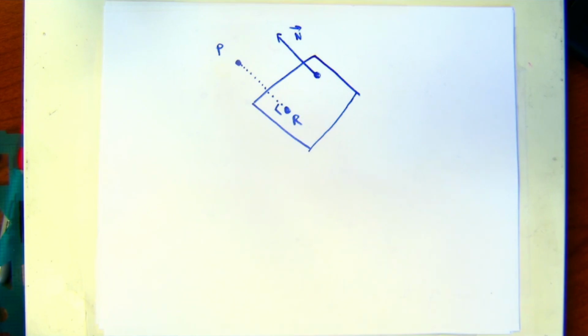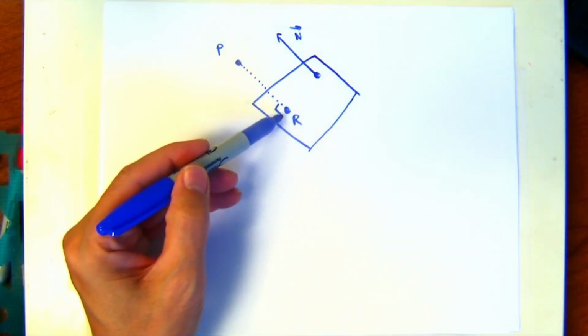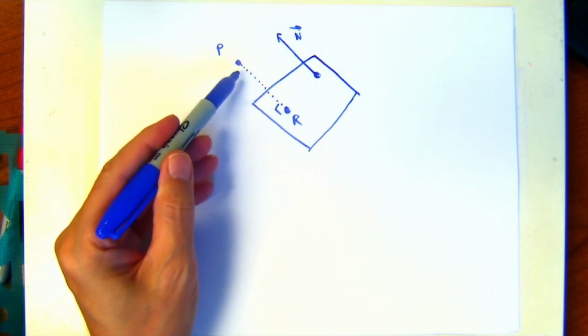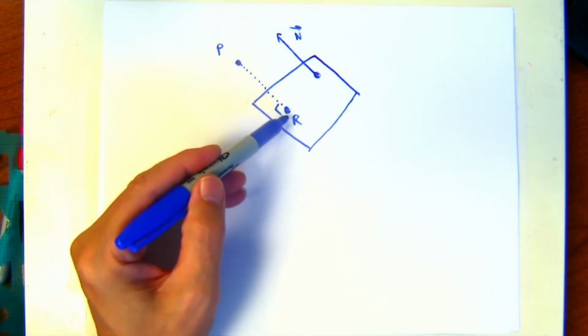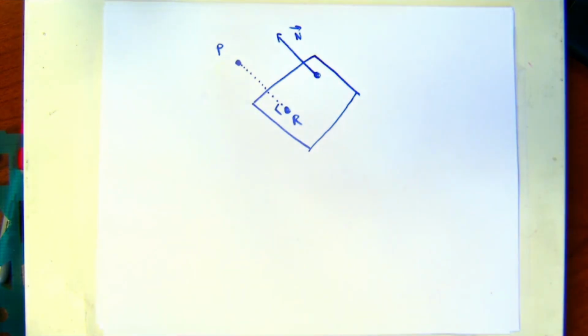If I had an easy way of getting my hands on point R, this would be a triviality. I take the coordinates of P, the coordinates of R, feed them into the distance formula, and out would come my answer. Unfortunately, I don't have an easy way of doing that, so we're going to resort to trickery.